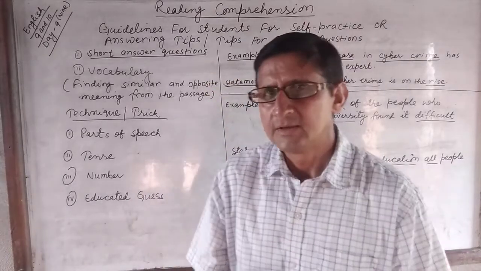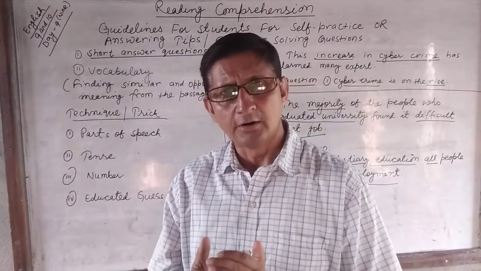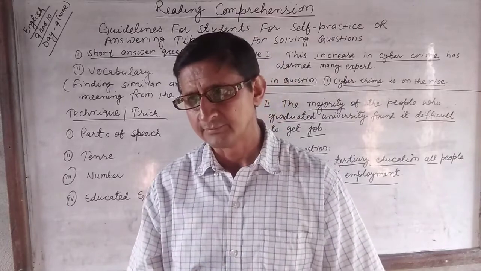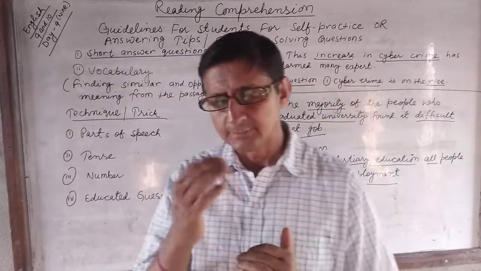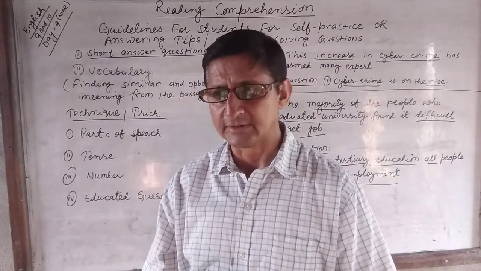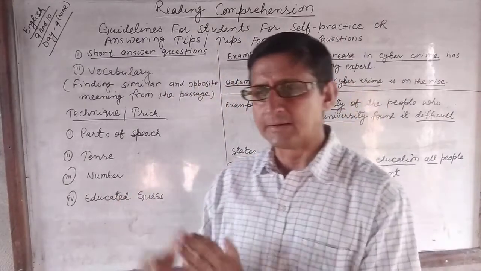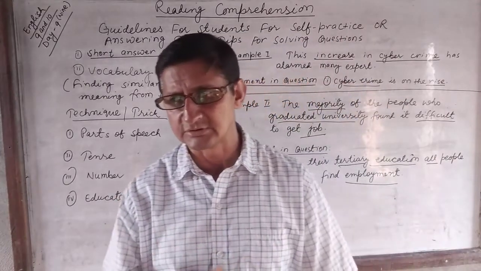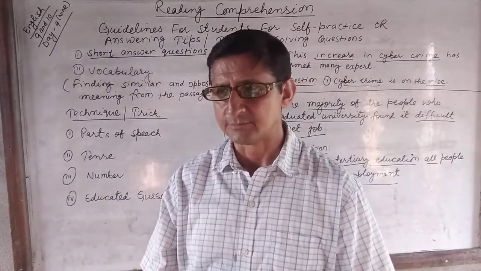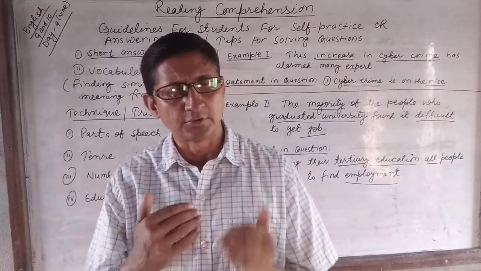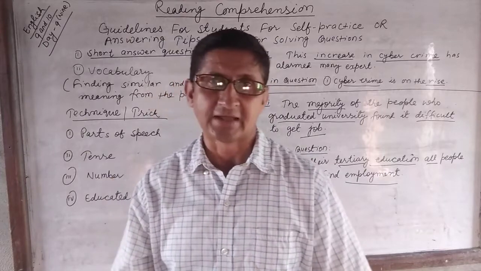If the question starts with how many, you have to find out number of somebody or something. If the question starts with how much, you have to find out amount of something. If the question starts with how far, you have to find out the distance. For the question how long, you have to find out the length of something. For the question of how long, you have to find out the length of time.